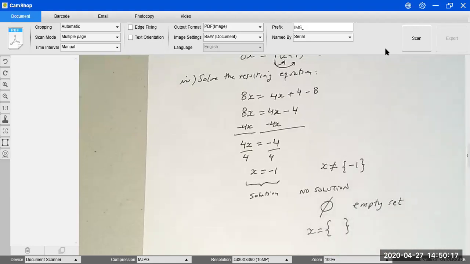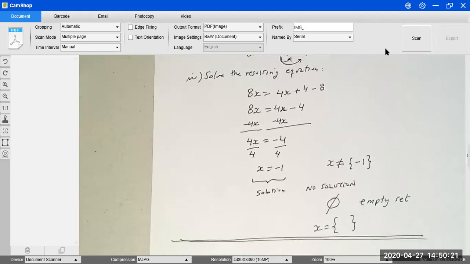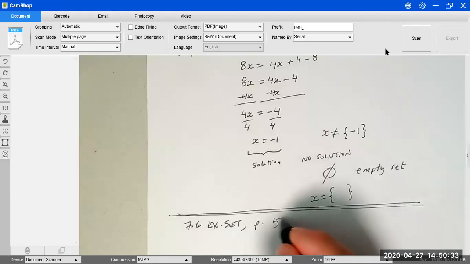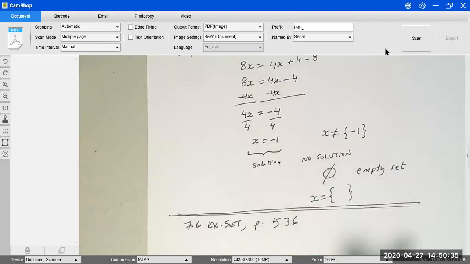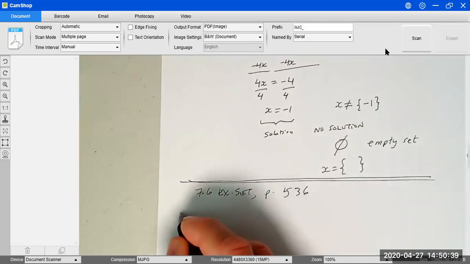So now you're going to work problems from the exercise set. So you have 7.6 exercise set on page 536. So these are the problems that you're going to solve. You're going to start with problem 10.